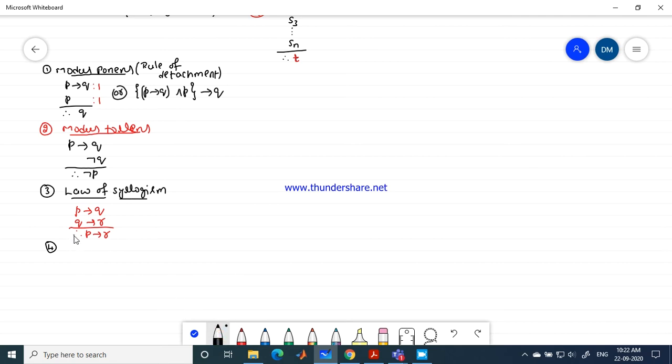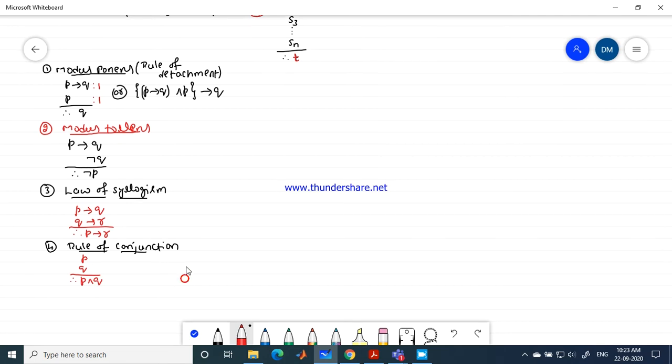Good attempt. Yeah, next one, rule of conjunction. Once again, the name itself says it. It comes from the definition of conjunction only. If the statement P is true and the statement Q is true, in that case, P conjunction Q is also a true statement. That's all.